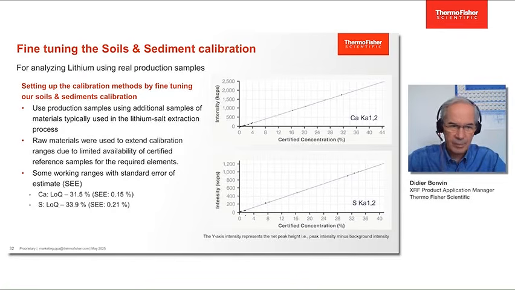It helps us cover calcium up to 31%, as you can see here in this example, or sulfur to nearly 34%, with a good standard error of estimate over a large range. And this will be used for the typical quality control for the lithium salt extraction process.